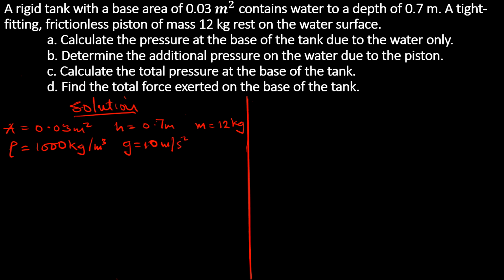So question A, we are to calculate the pressure at the base of the tank due to the water only. So we are calculating the pressure provided by the water only.